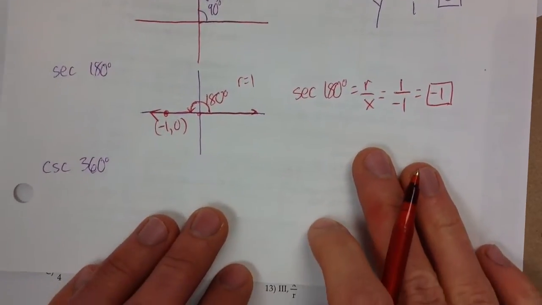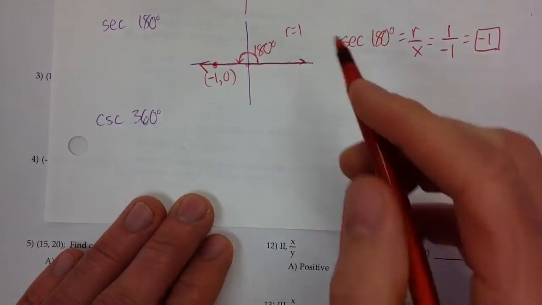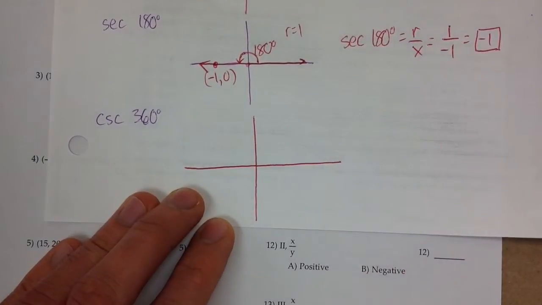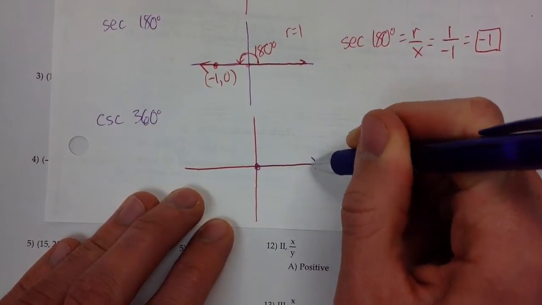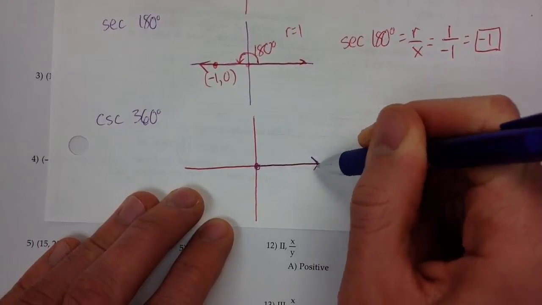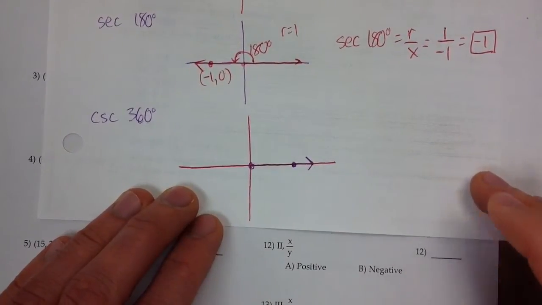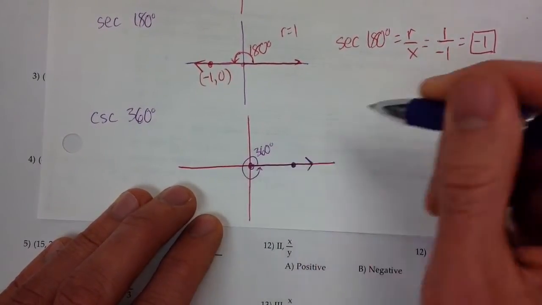And Max, cosecant 360. Guide me through that one, please. The terminal side is just on the x-axis. Which direction? Yep. Terminal side, which is what matters here, is pointing to the right. Okay. Good, continue. And it's r over y. Good.